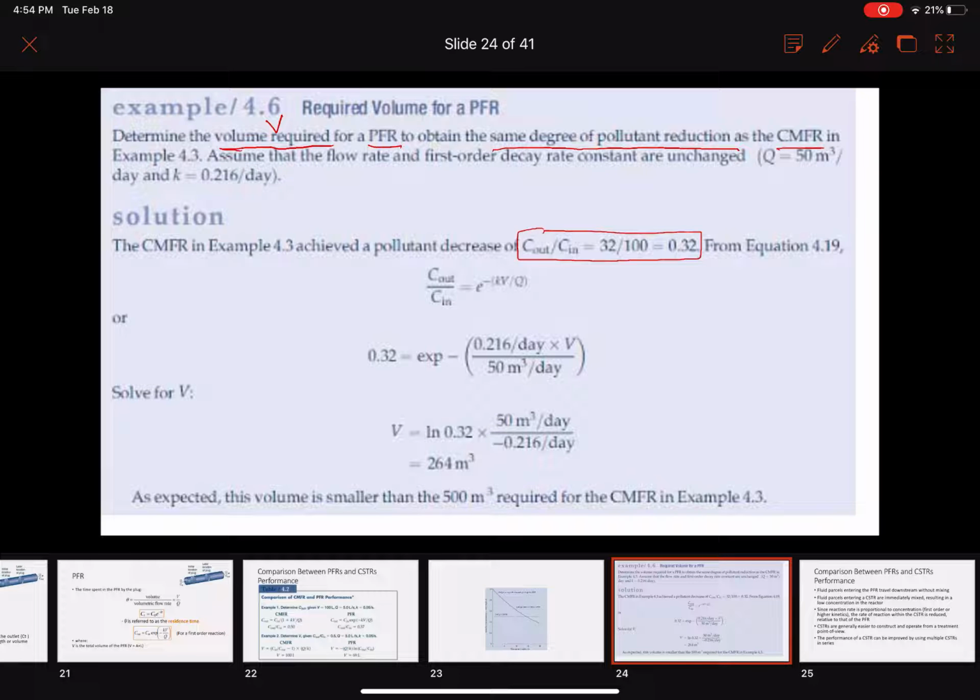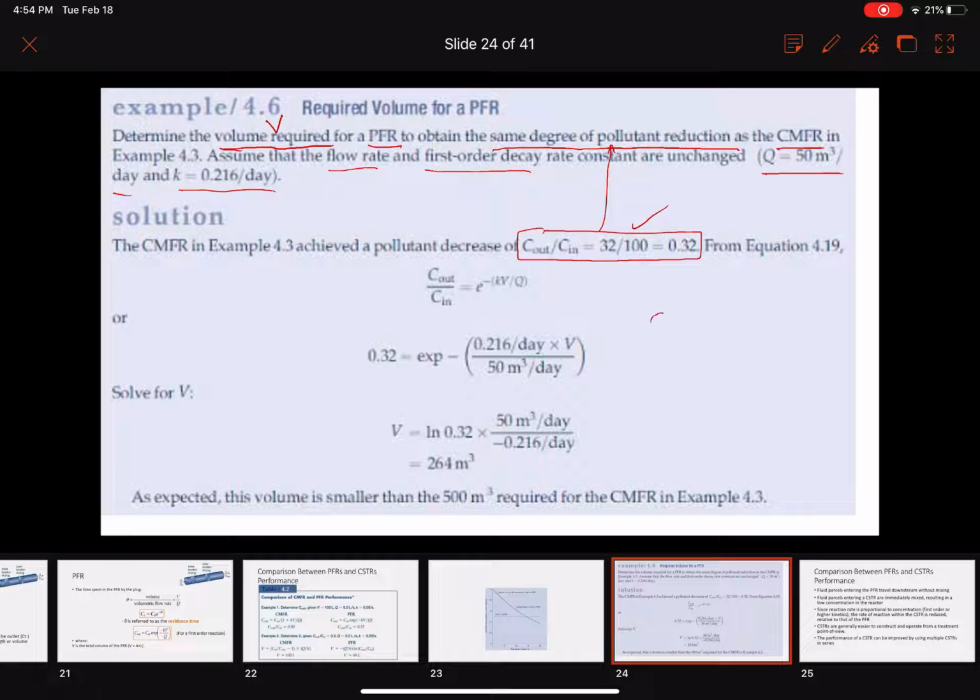To get the same degree of reduction, we assume that the flow rate and the first order decay rate constant are unchanged. So the flow rate is 50 meter cubed per day, K is 0.216 per day, and C out over C in is 0.32. Now this is the plug flow reactor.